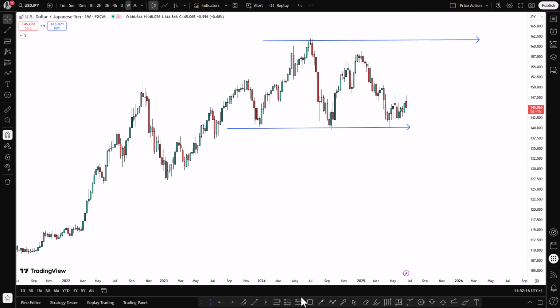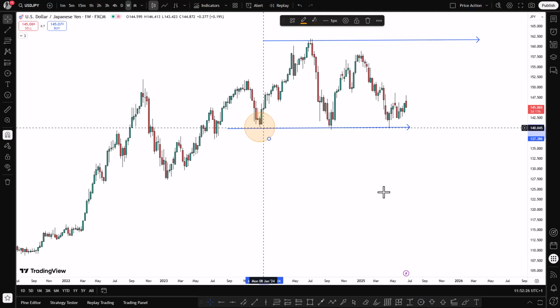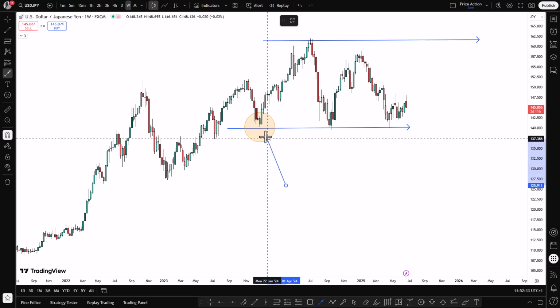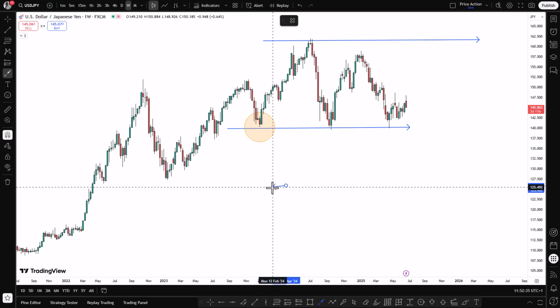For an example, let's use this. Okay. You see, this was a support area at some point in time on the weekly time frame. And then this would have been a key reversal area because when price came here in the past, it struggled to break below this area to continue moving down.